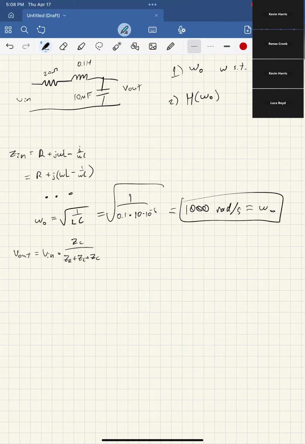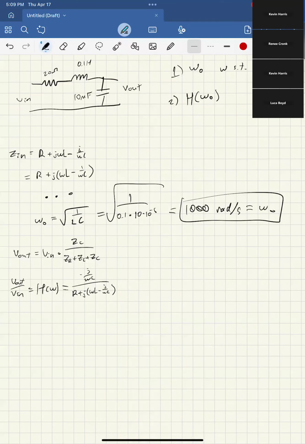So then we can say that V out over V in, which is the transfer function, is equal to negative j over omega C over R plus, and then I'll combine these in one step like I did above, minus j over omega C. And if you wanted to put this in standard form or change it however you want, you can.